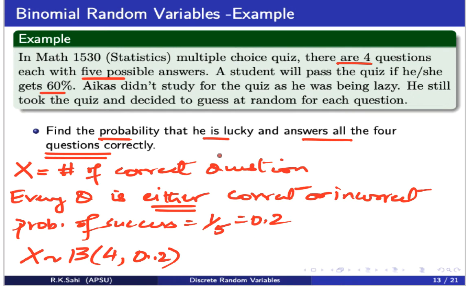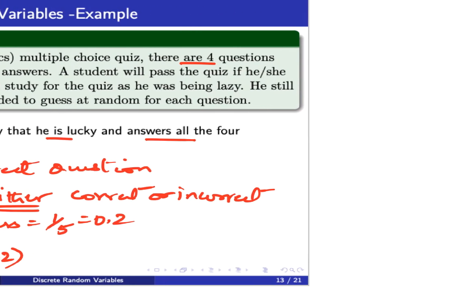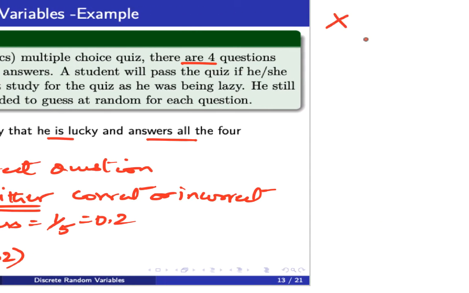Now, X is a random variable, which means this X can take some values. What are those possible values? Since there are 4 questions, this little x can be: all 4 are correct, only 3 are correct, 2 are correct, 1 is correct, or none is correct.